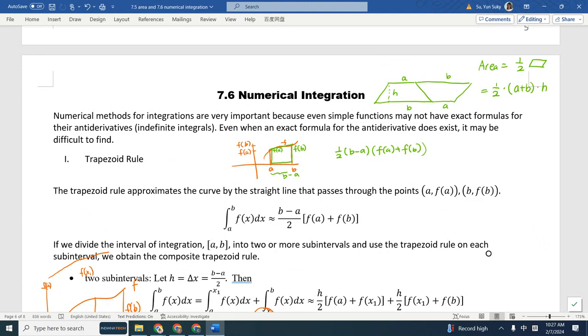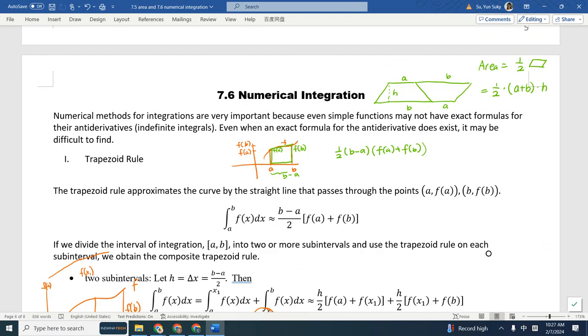So therefore, using the formula of the trapezoid, in this case, do you see our trapezoid is laying down like this, with the height being the difference between A and B. So the height is B minus A. And now you see the base is actually f of A plus f of B. Okay, everybody? So this is the trapezoid rule.